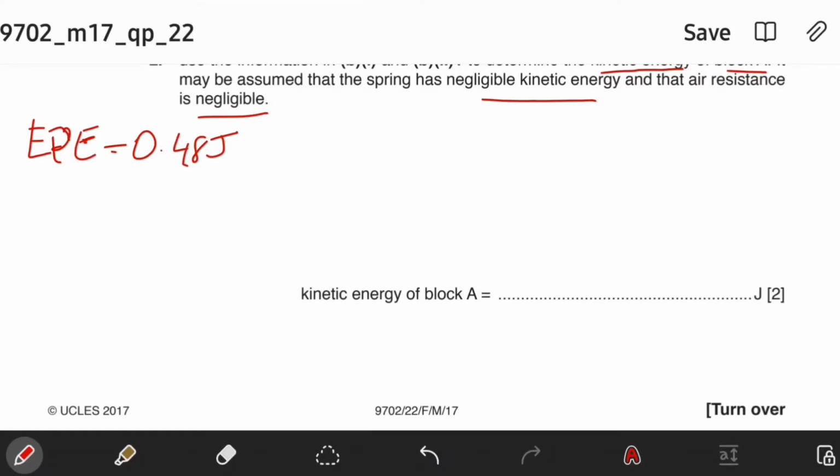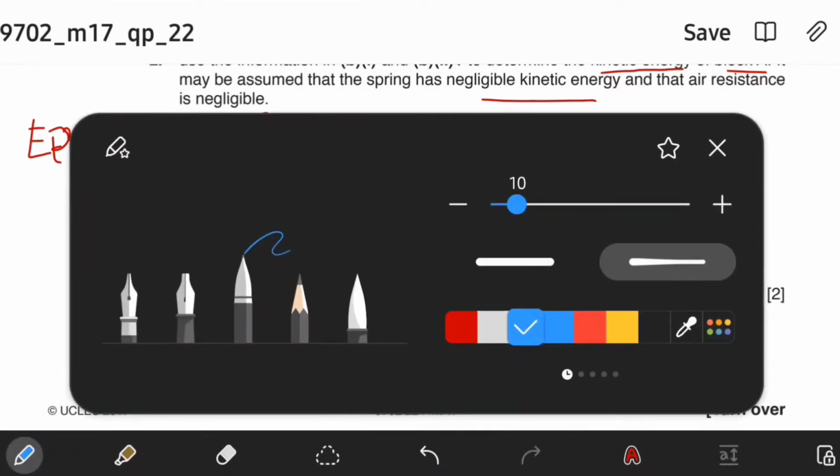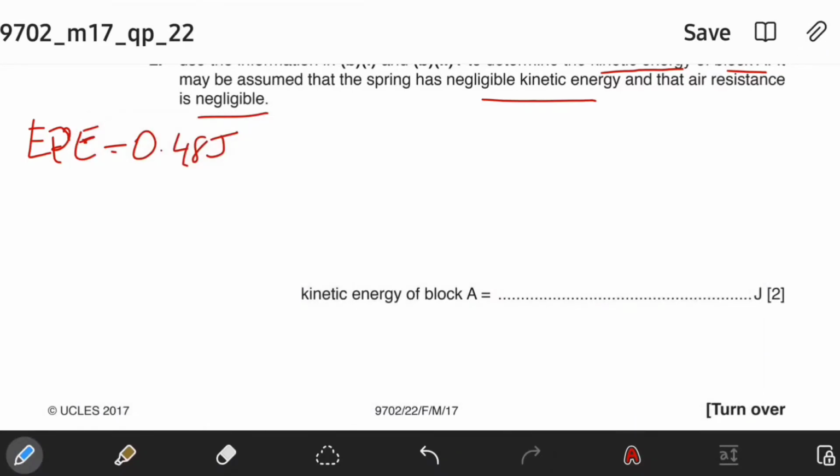We can construct an equation that whatever the elastic potential energy that was stored in the spring would be converted to kinetic energy of both the blocks. So elastic potential energy is equal to kinetic energy of block A plus kinetic energy of block B.